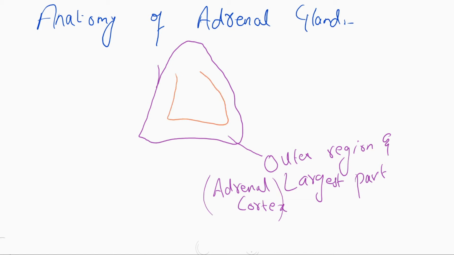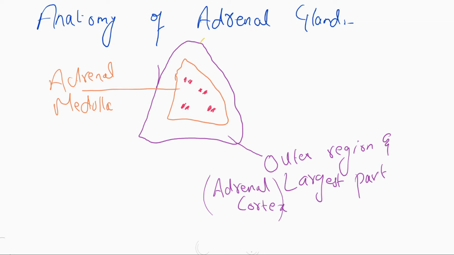Inside the adrenal cortex, in the center of the gland, the adrenal medulla is situated. The inner part is known as the adrenal medulla and the outer layer is known as the adrenal cortex.